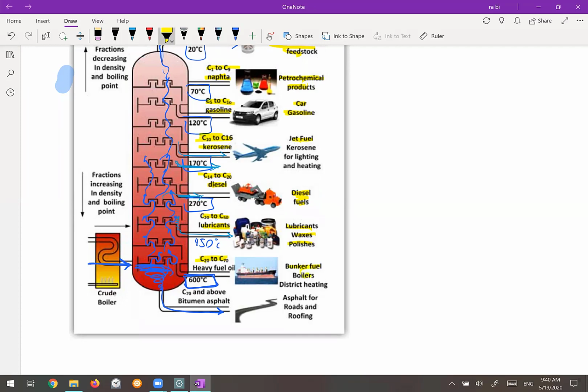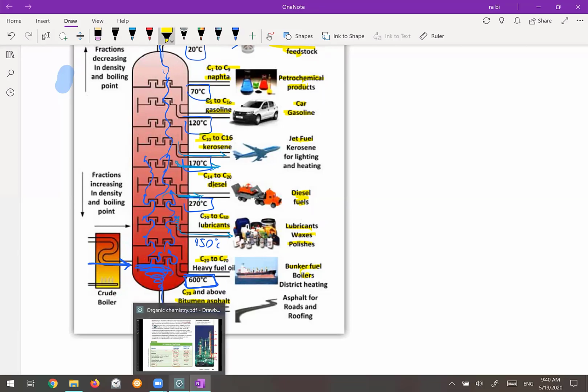And when the number of carbons is very high, they are used as bitumen for asphalting roads. So they have different usages based on the number of carbons in the molecule.